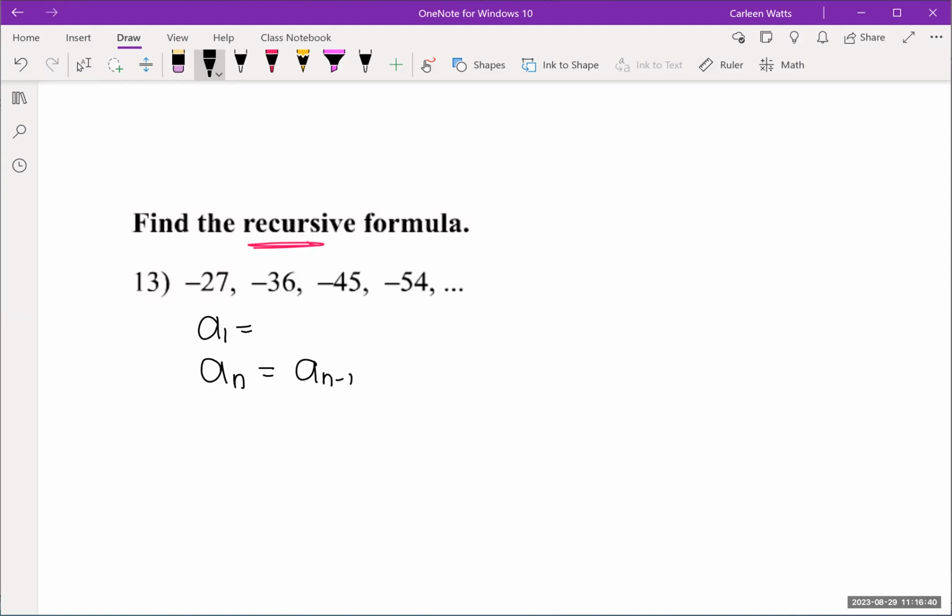So that's how you set it up. Yes, you are correct. So the first term is -27. Now, what's happening here? Do I have a common difference?